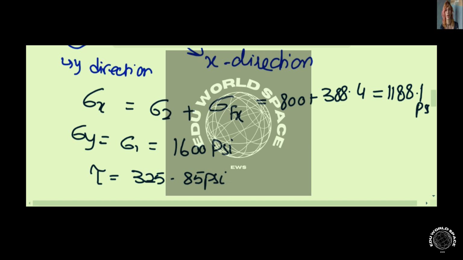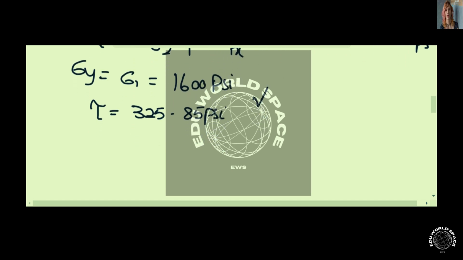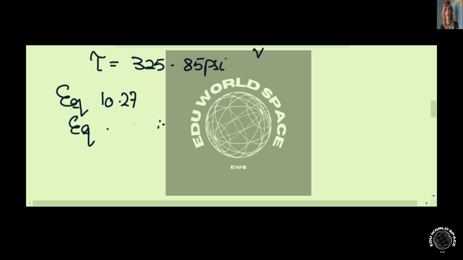So now that we have all of these values and the direction, we are going to find the principal stresses to see which form of equation 10.27 we would be using. The principal stresses are found using equation 9.5.